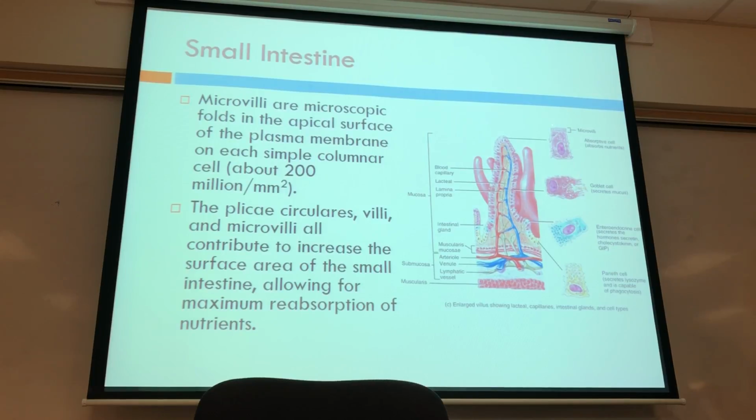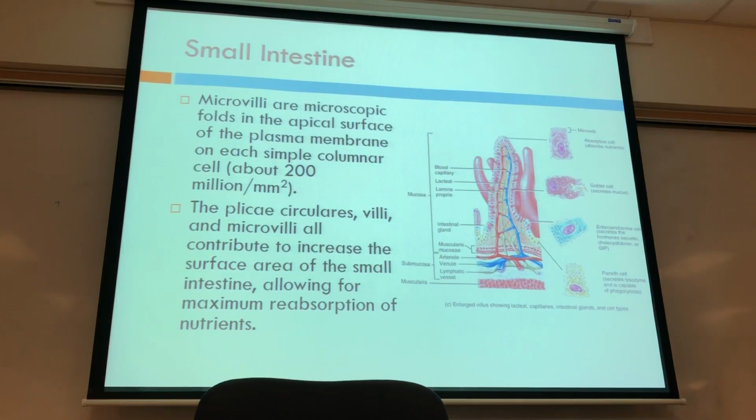All they do is increase the surface area on a cellular level. So what that does for each columnar cell present on these villi is increase that surface area quite a bit. So now that gives us more absorption that can take place.